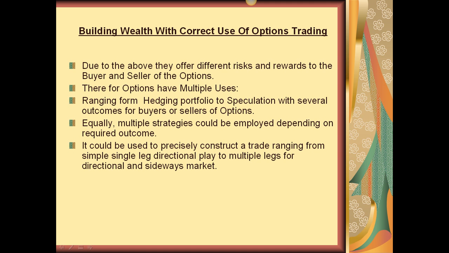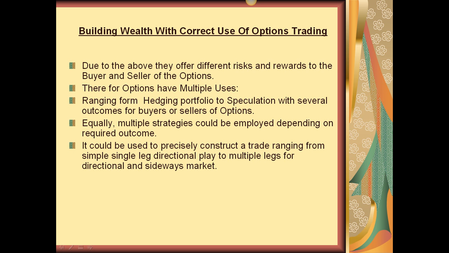So we could use options to correctly design a trade for either a ranging market or a directional single-leg market, or we could use them for multiple legs. So all of these different types of trades can be traded using options.